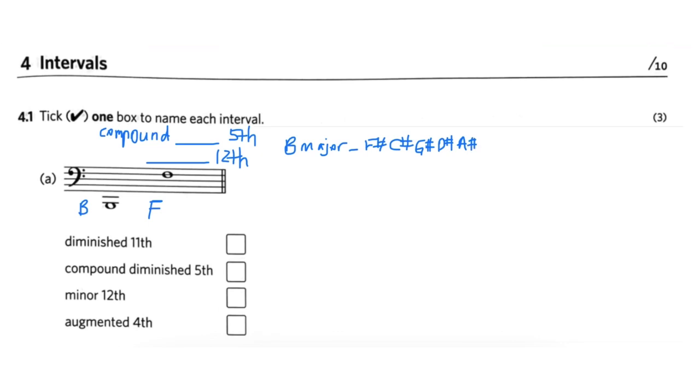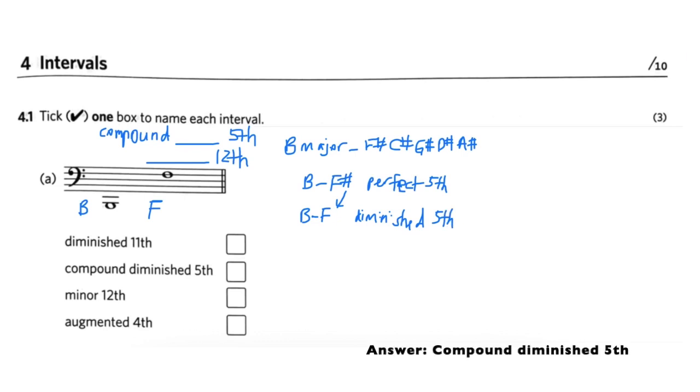Which means in B major, the 5th note is F sharp. So B to F sharp will be a perfect 5th. In the question, it's asking for B to F natural, which is a semitone smaller. So the interval will become a diminished 5th, or in this case, a diminished 12th or compound diminished 5th.